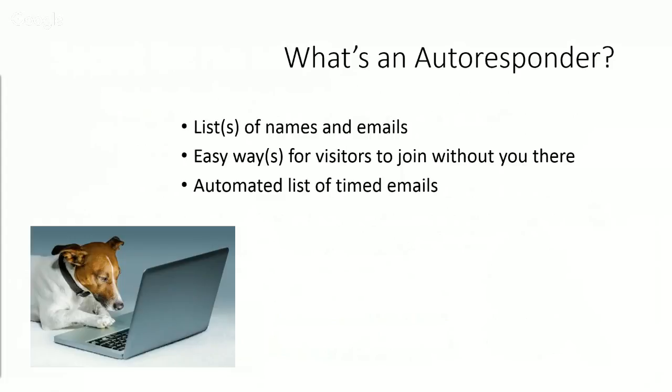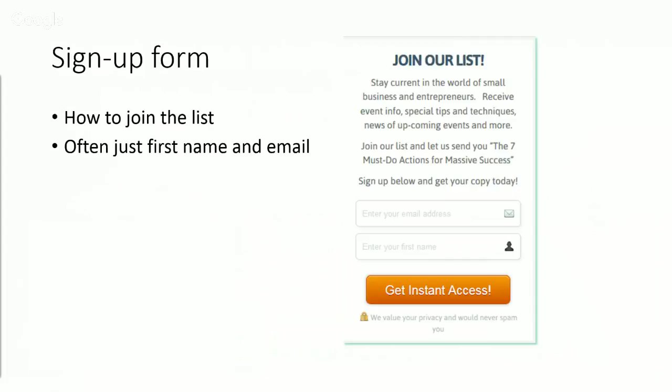Okay, so let's take a look at what an autoresponder consists of. The first thing that most people see when they show up for an autoresponder is this little form here, "Sign up to our list." Now, this page consists of a few pieces. At the top here, we've got a call to action, "Join our list."